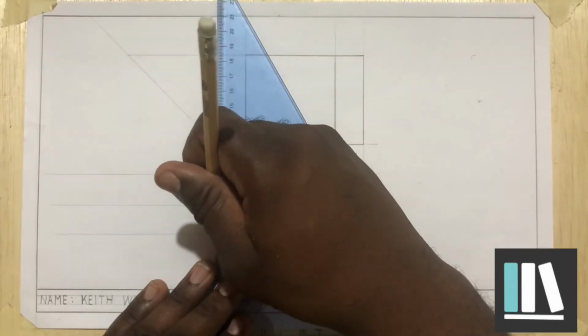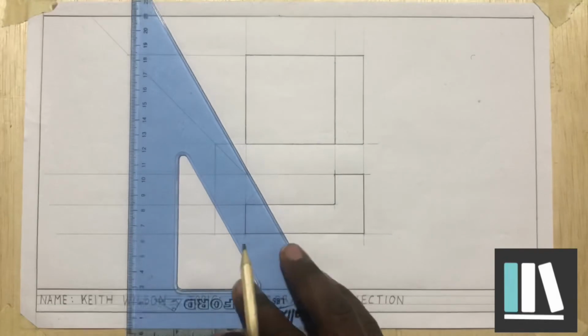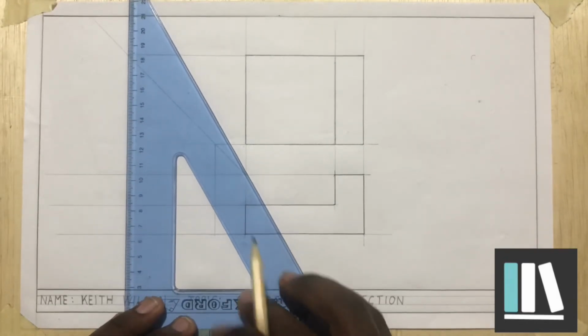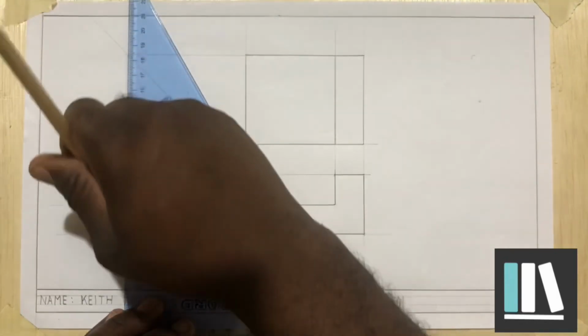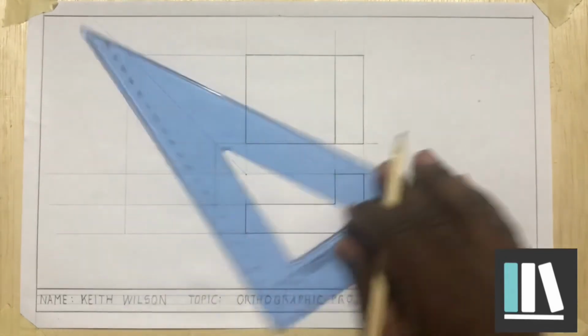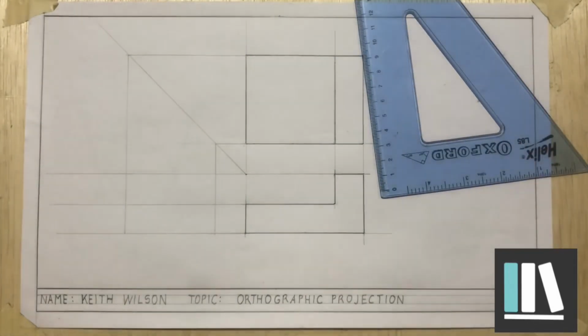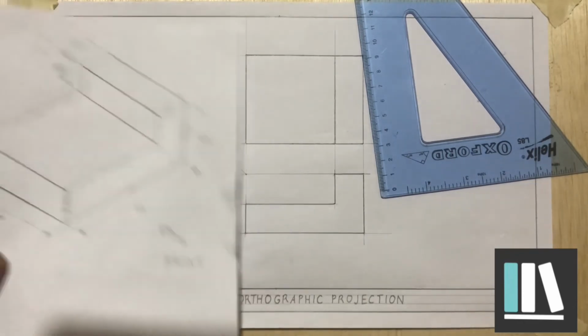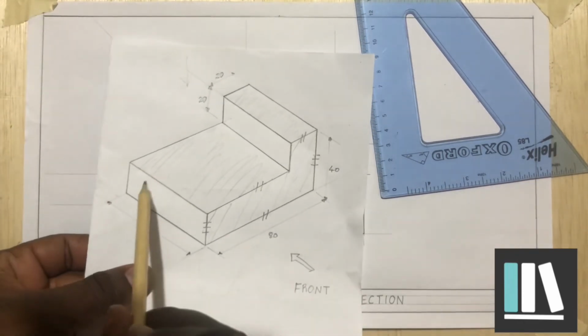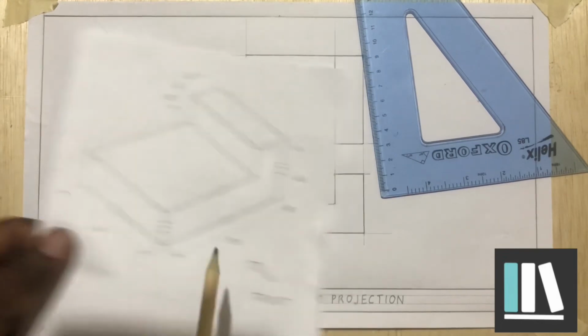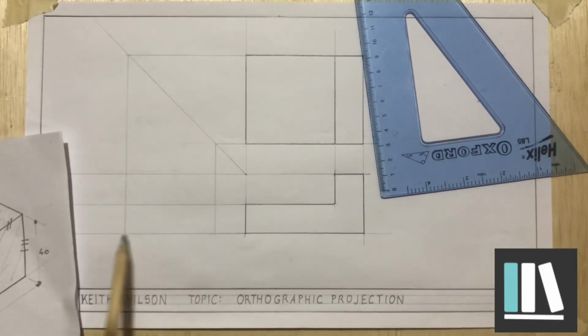So this and this. Now if you notice, you will immediately see the faces. So this face, which is here, if you measure, you'll realize that this length is already established to be 60 millimeters.